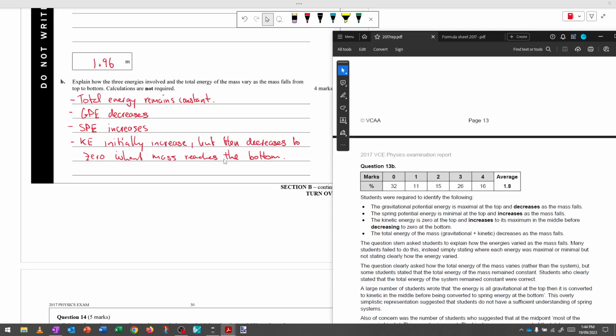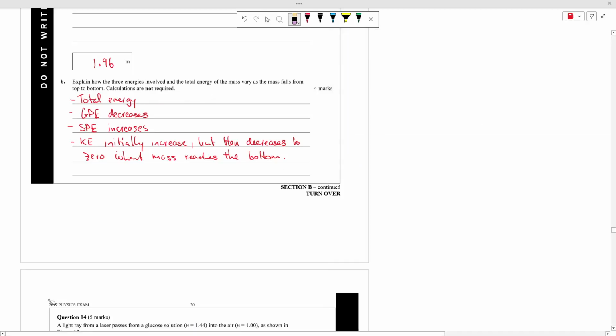decreases because the mass itself doesn't have any spring potential energy. It's the spring mass system that has spring potential energy. So if you're just talking about the mass, then yes, there is no spring potential energy, and because you have less gravitational potential energy at the bottom than you did at the top, and the kinetic energy is zero at the top and the bottom, then sure, the total energy decreases.